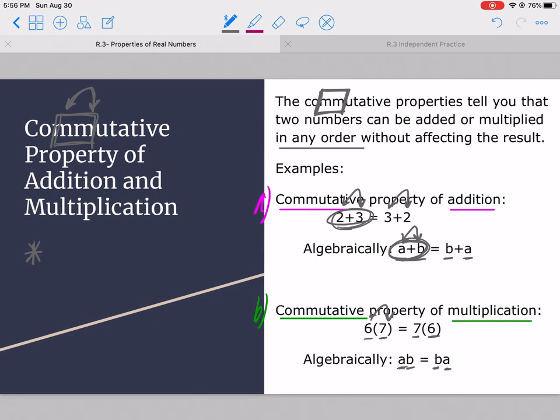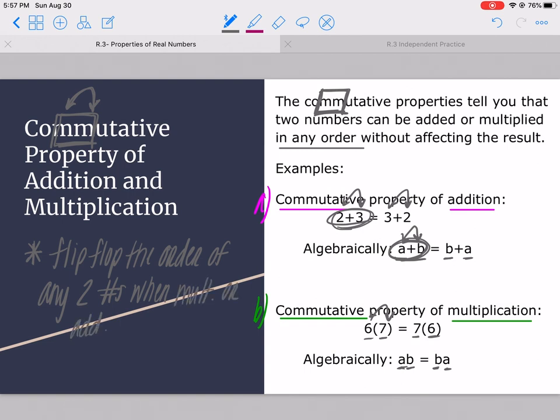You can flip-flop the order of any 2 numbers, and that's important. It's 2 right here, 2 m's, of any 2 numbers when multiplying or adding. Okay, and I'm just going to abbreviate that.